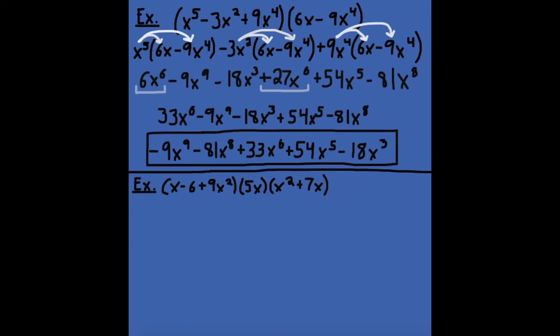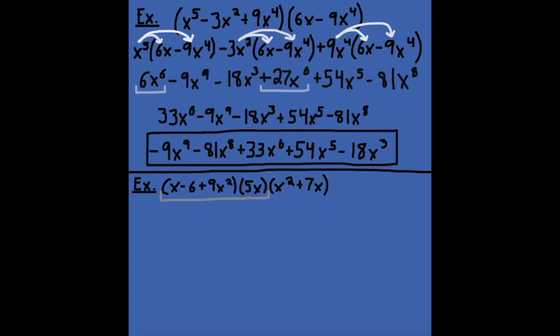The first one is x minus 6 plus 9x squared, the second one is 5x, and the third polynomial is x squared plus 7x. When we multiply three polynomials together, we are going to multiply two of them first and the last one later. So I will look at the first two polynomials, which are x minus 6 plus 9x squared and 5x.